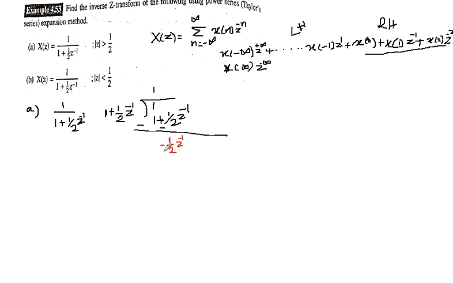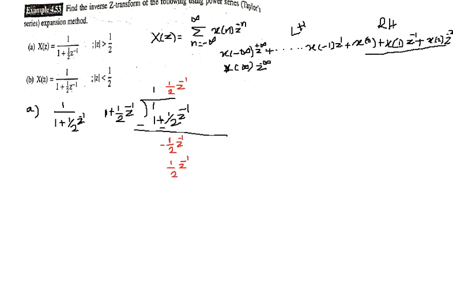Now as the remainder is 1 by 2 z raised to minus 1, to cancel it out, we need to multiply the first term, which is 1, with 1 by 2 z raised to minus 1. When we multiply this, it would be 1 by 2 z raised to minus 1.